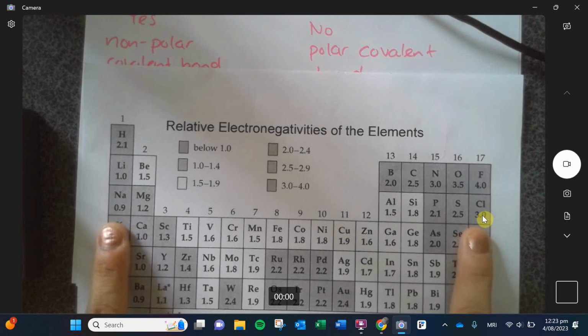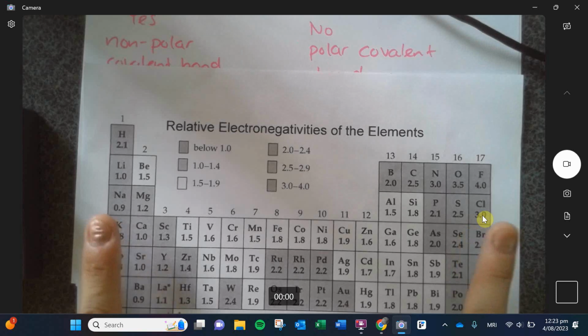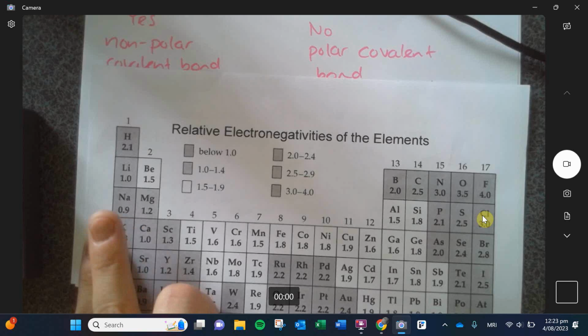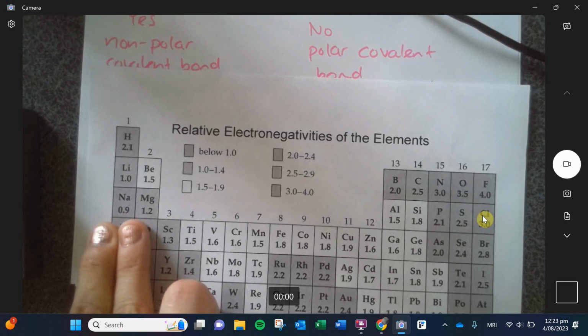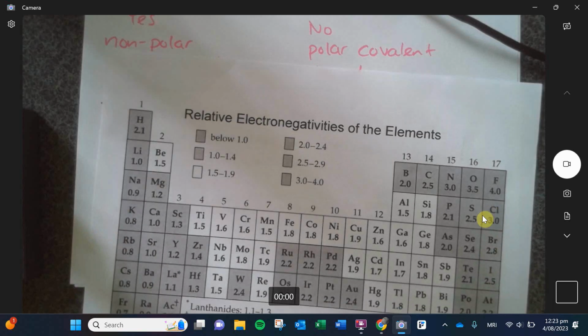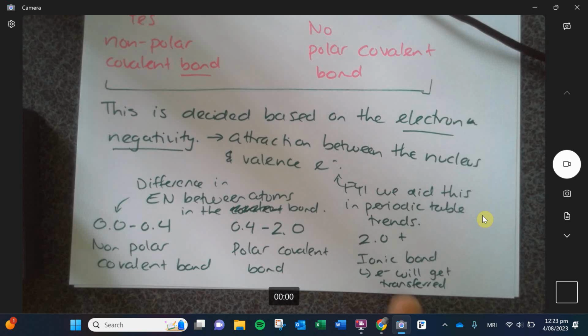So I'd do 3 minus 0.9, that results in 2.1. So that's a big enough electronegativity difference that the valence electron for the sodium is going to get transferred to the chlorine. So it won't even share it, it's just going to give it away. So that's ionic.